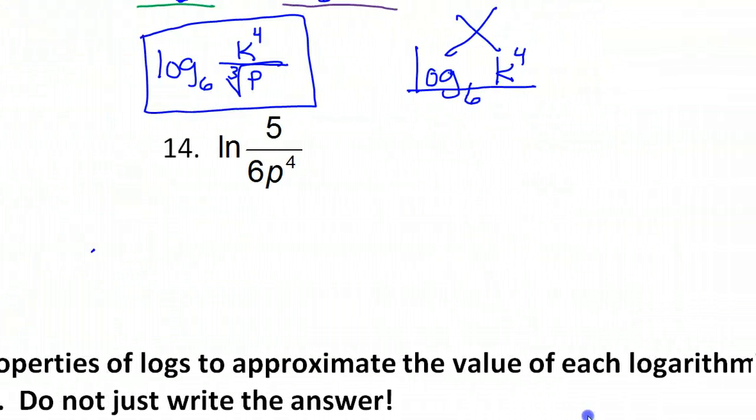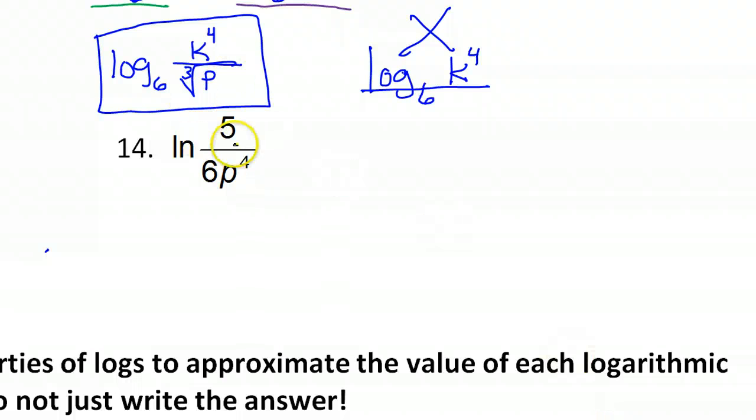Alright. Now, see this quotient, but I encourage you to look at this as 3 things. Let me color coordinate it a little bit. We've got one thing here in the numerator.